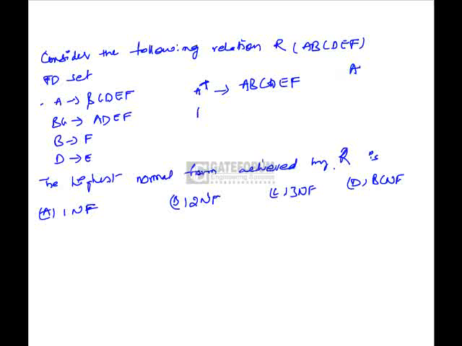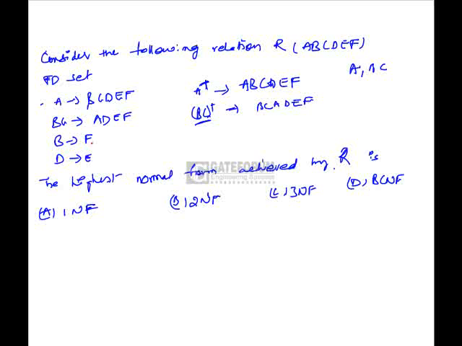And if we find BC plus, BC closure will be getting BC, A, D, E, F. That means BC is also deriving all the attributes of the given table. So here one more key would be BC. So let us find B closure.